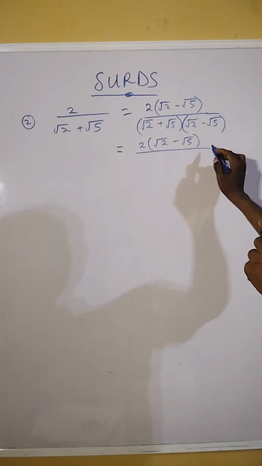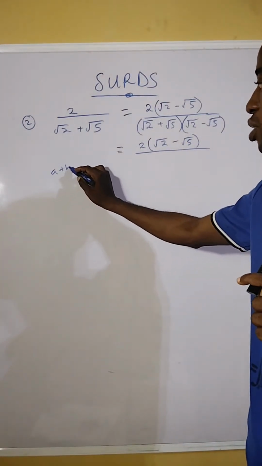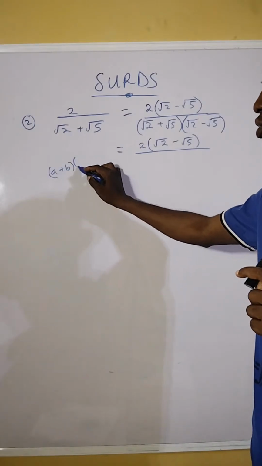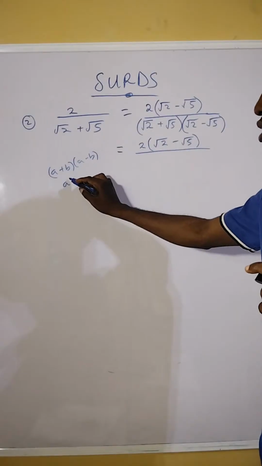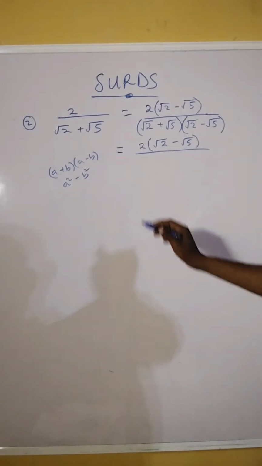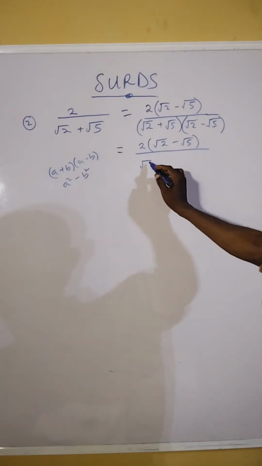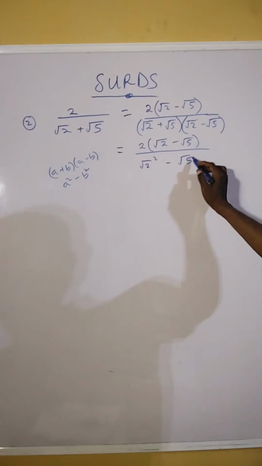Then divided by, this also follows. And we have a plus b into brackets, open brackets, a minus b. And this is the same thing as a squared minus b squared. That is here, we have root 2 squared minus root 5 squared.